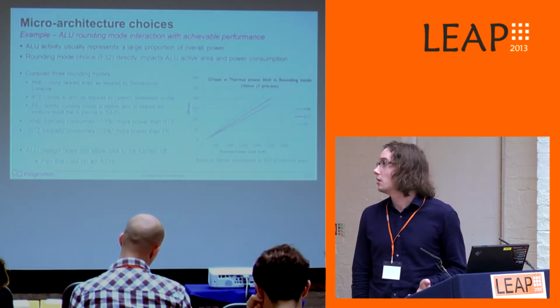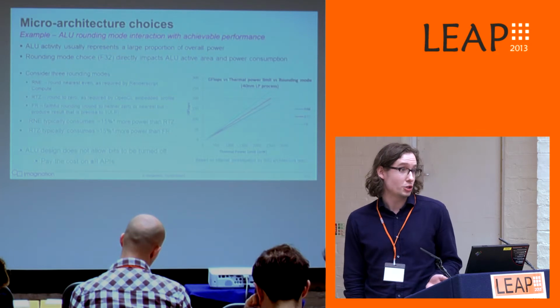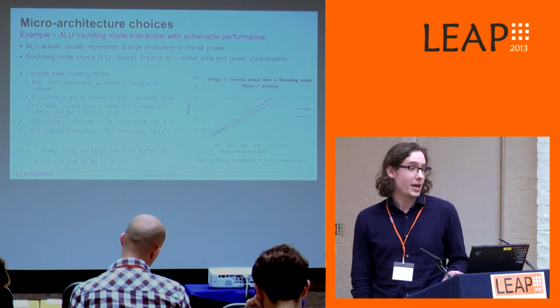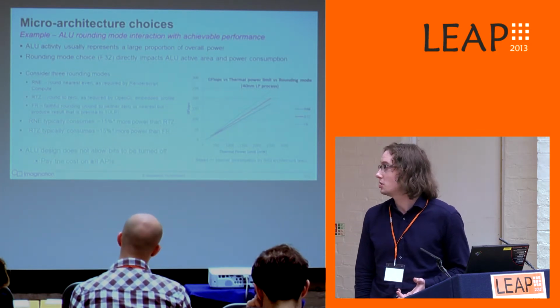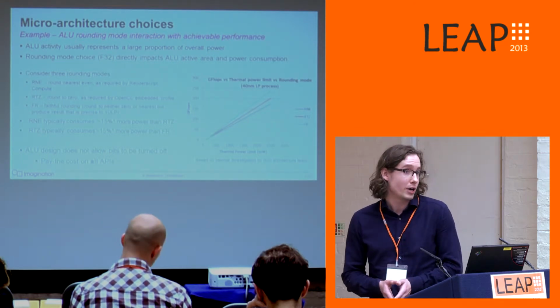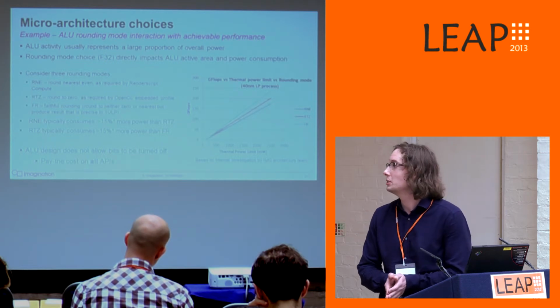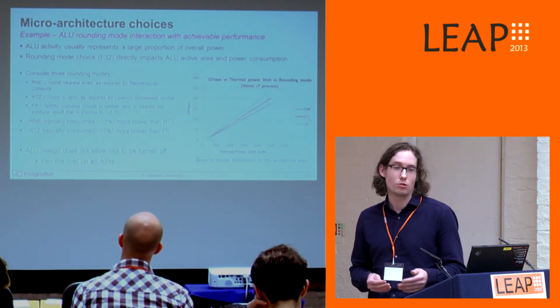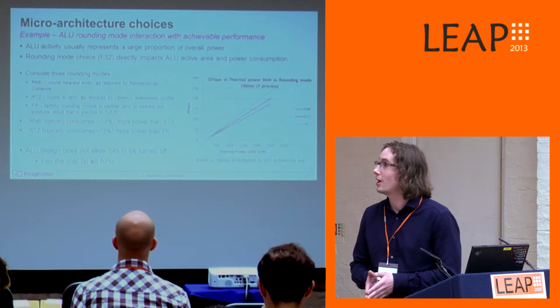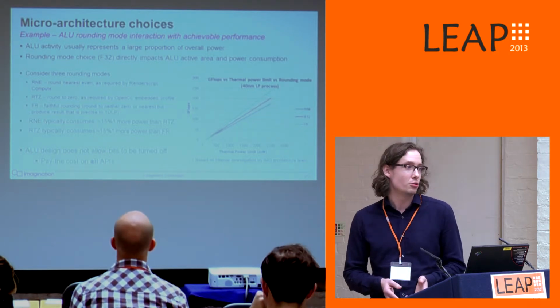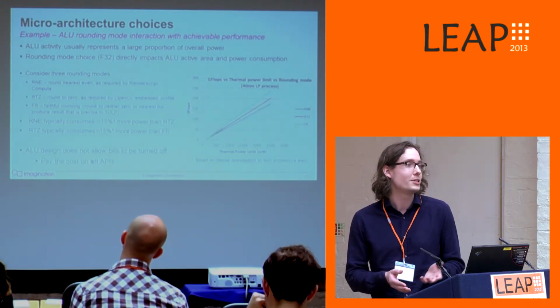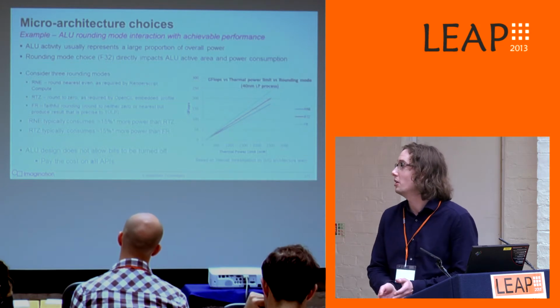One of the things that you can do when designing a mobile GPU is look at the ALU design, which our architecture team actually did, and they looked at the different rounding modes that are mandated by different compute APIs. If you think back to the graphics-only days, faithful rounding was what was typically used, and that's not compliant to any particular IEEE standard, but it's good enough.